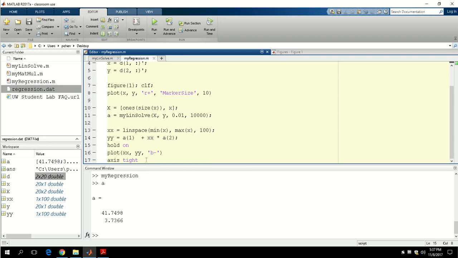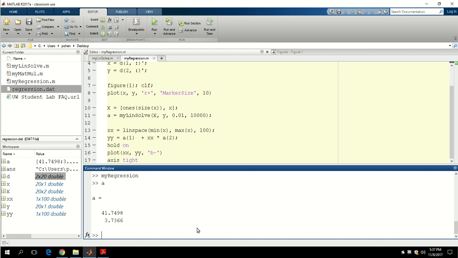But for this particular specific problem, Matlab also provides a very straightforward way for you to solve for a, right? So let's call it a1. No, a1 is a bad name. Let's call it aa, right? What you can do is to use this operator that's called backslash, right?